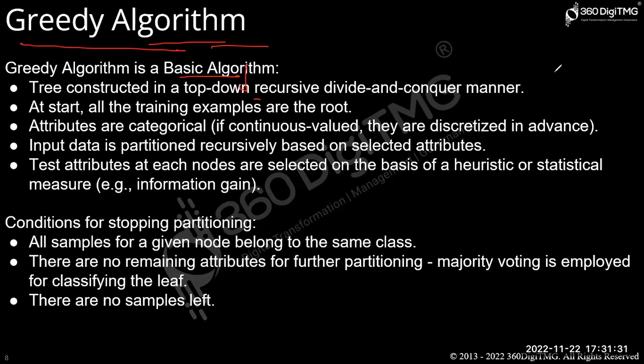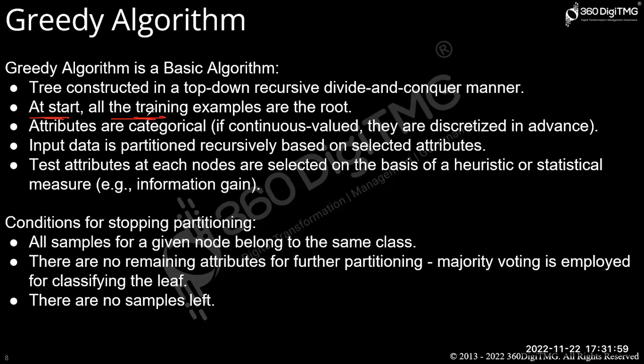We are splitting the data, right? The root node and branch node will again split, and then we'll have the leaf node. Root node, branch node, and leaf node. Like that, we will be splitting the data in the decision tree in a recursive, divide and conquer manner, and then we will come up with one conclusion.